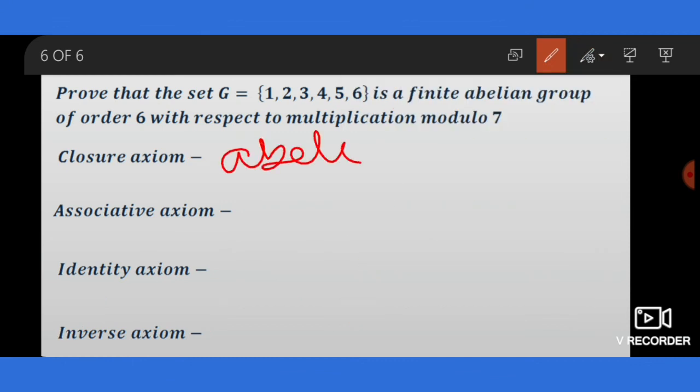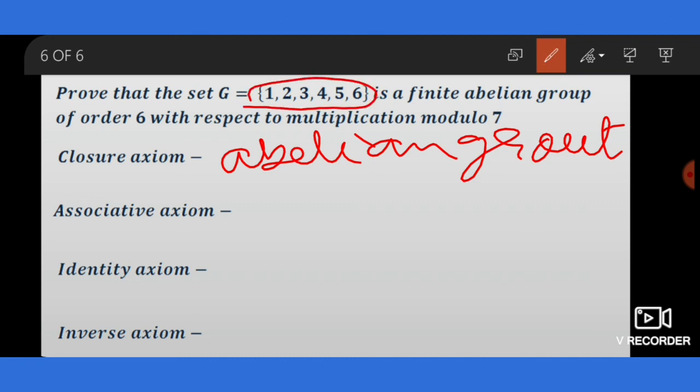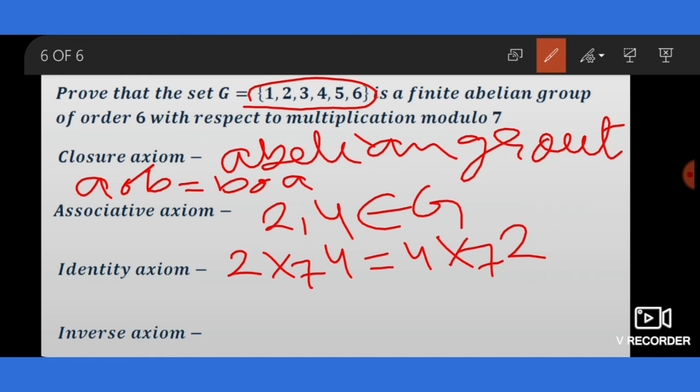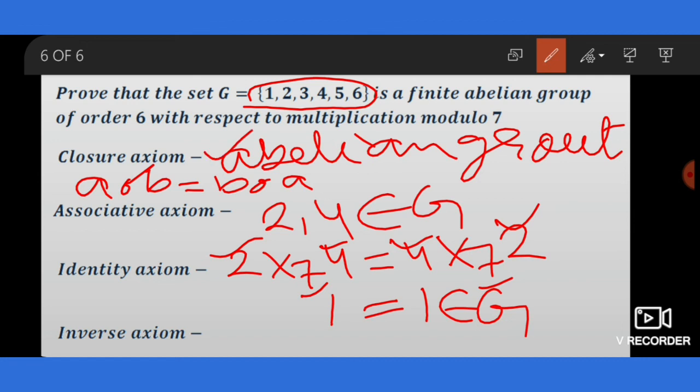Abelian group. Let two elements of this set, 2, 4, be elements of G. By definition of group, A operation B is equal to B operation A. 2 multiplication modulo 7, 4 equals 4 multiplication modulo 7, 2. 2 into 4 equals 8, 8 divided by 7, remainder 1, equals 4 into 2, 8, 8 divided by 7, remainder 1, which also belongs to G. Then it is an abelian group.